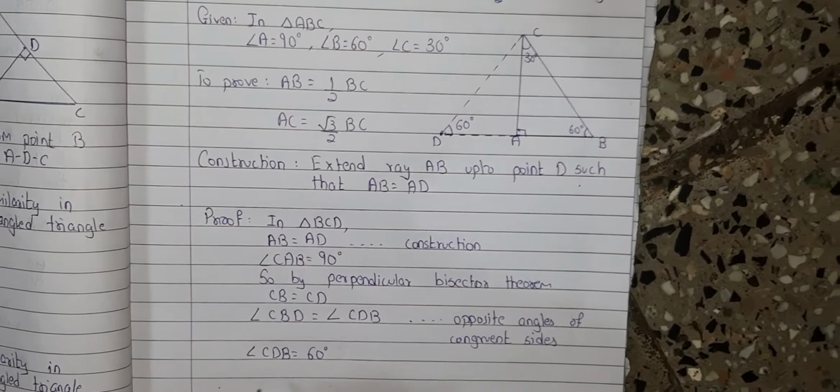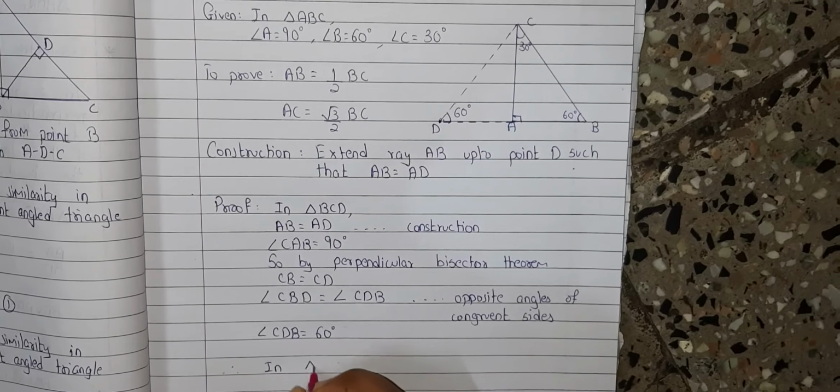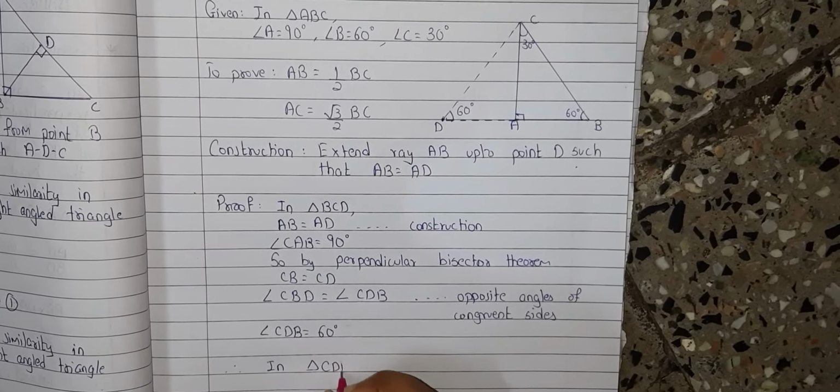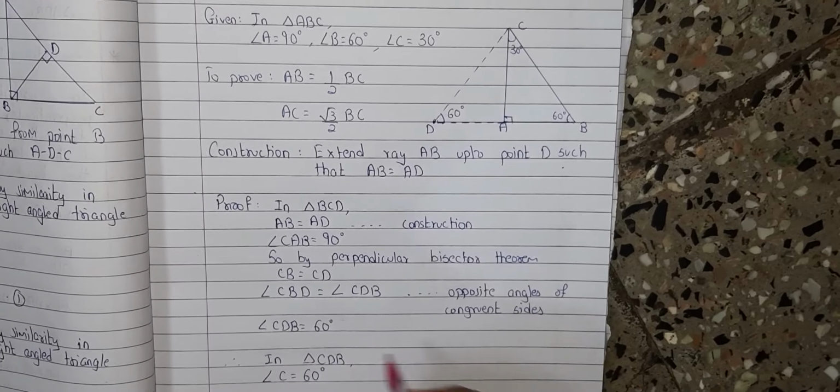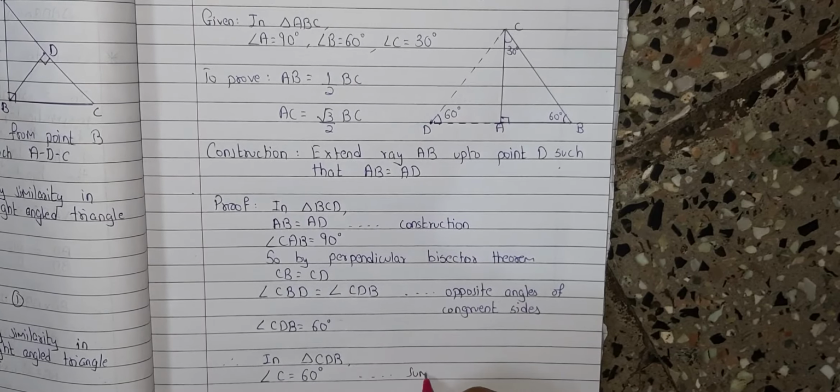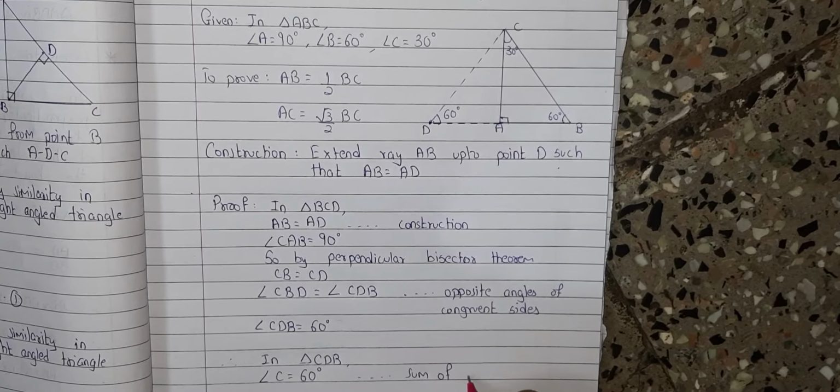Therefore in triangle CDB, angle C is equal to 60 degree, by the sum of all angles of a triangle.